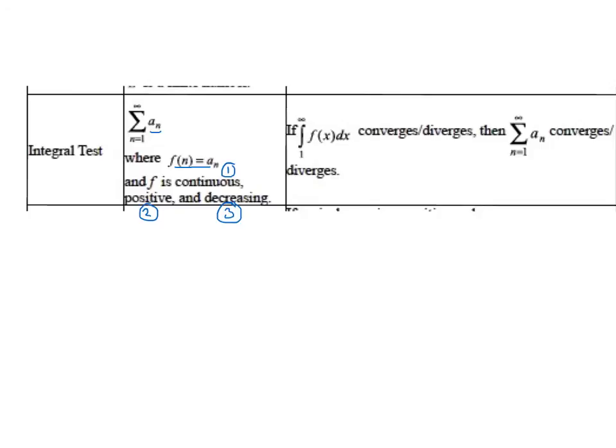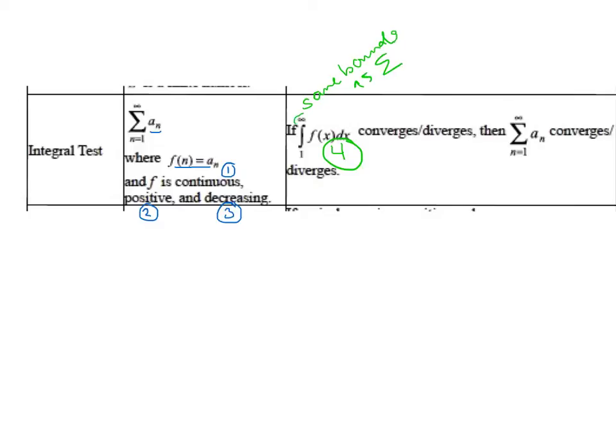Then the next part of this is to find an integral. So again, you're treating that sequence that's in the series as a function, and you integrate it using the same bounds. So you've got the same bounds as the sum.